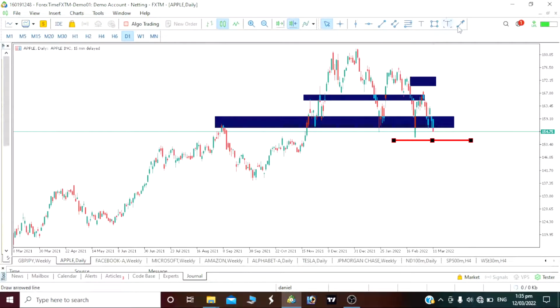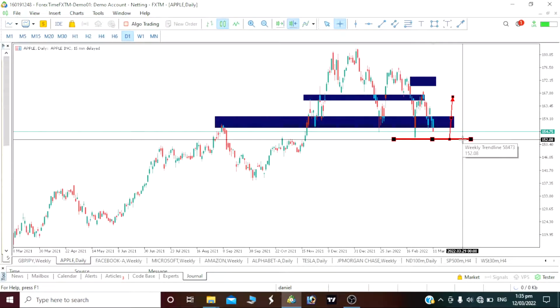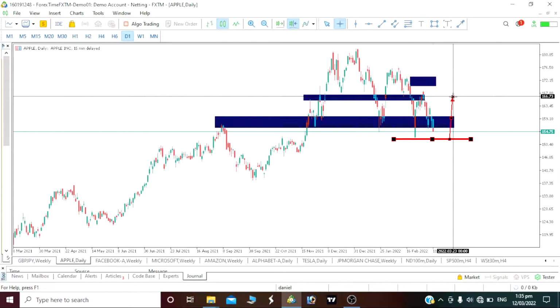So basically we will also be seeing that our price will actually be pushing up from this key area here. But before that, we would want our price to come down a little bit to touch this area that I marked, which is probably our 152, before you can actually take that bull signal there.